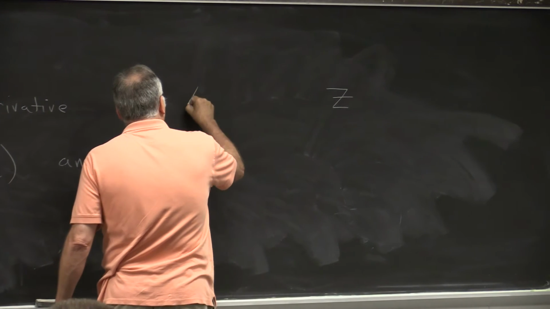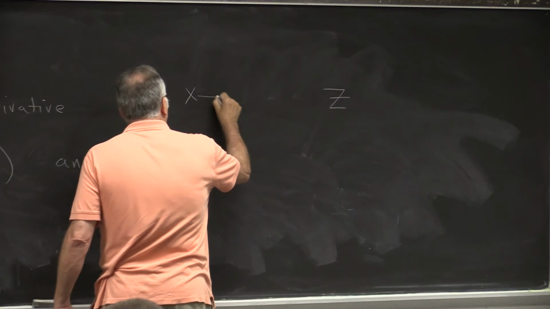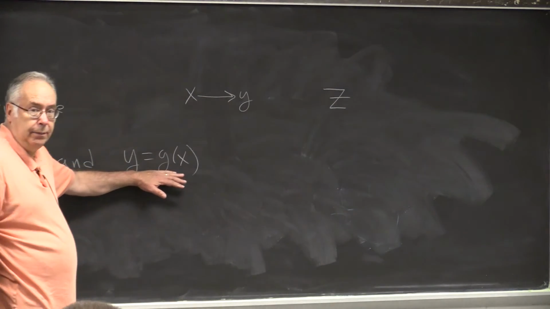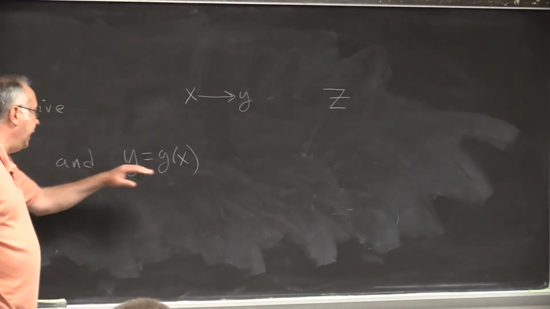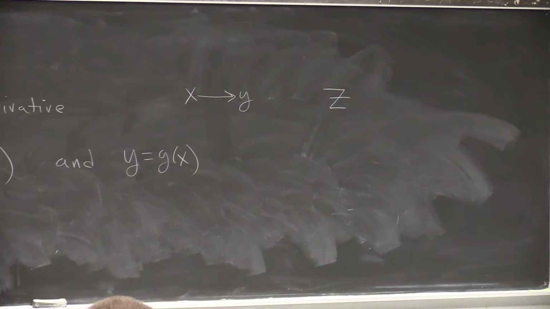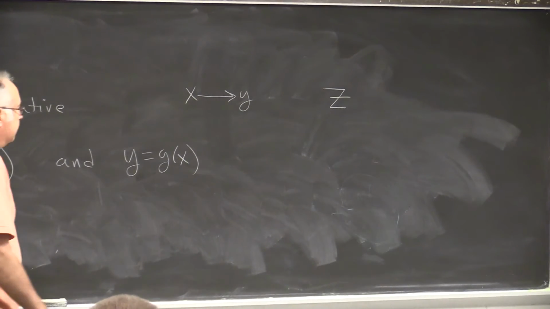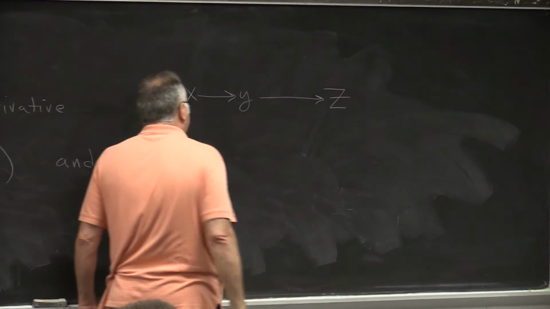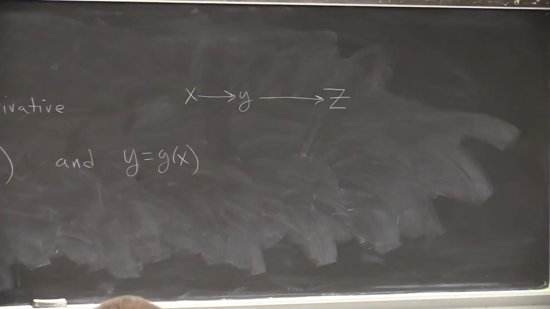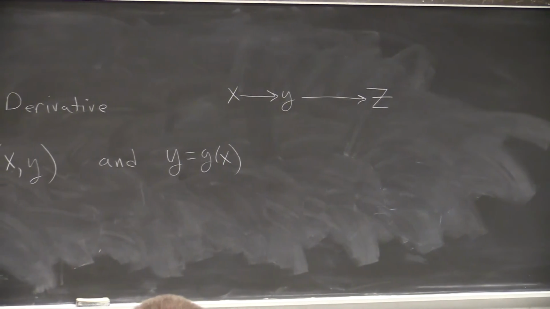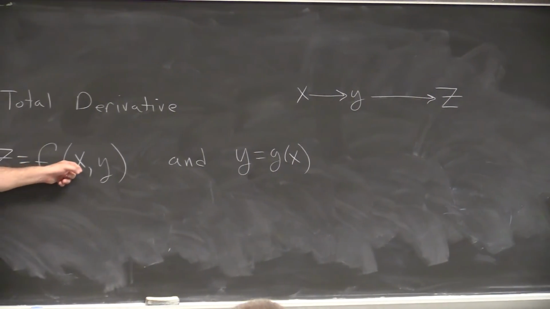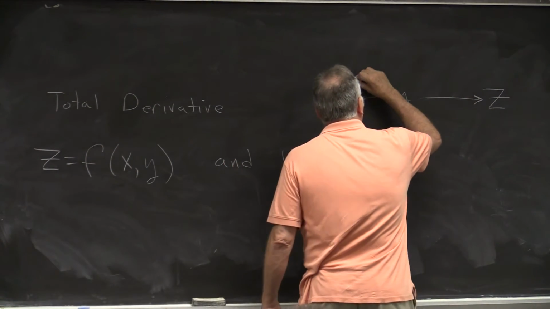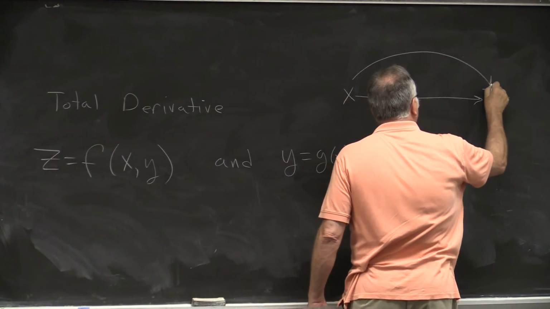Let's put x here. x affects y. This is a function right here. And y in turn affects z through the f function. But x also has a direct effect on z, because x is in the f function. So x has this direct effect on z in the f function.